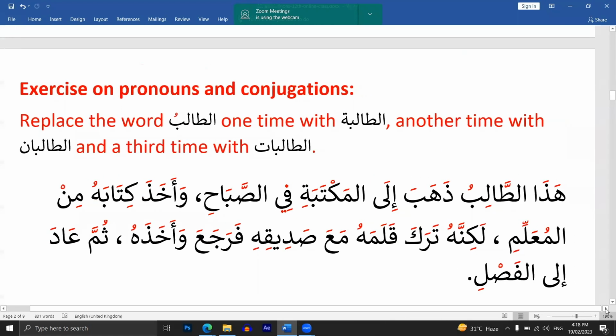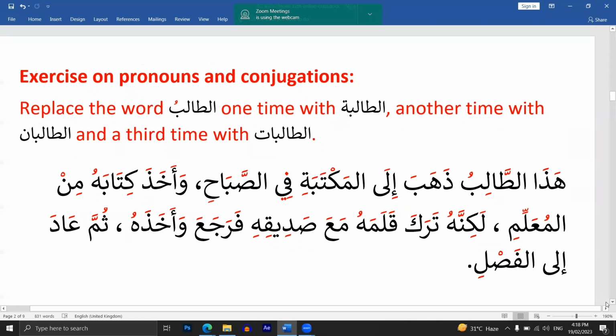It's connecting many topics: demonstrative pronouns or asma'ul ishara, nouns, and also pronouns. And when we are talking about pronouns, we are also talking about verb conjugation. So this is the small paragraph. It's talking about a specific student.